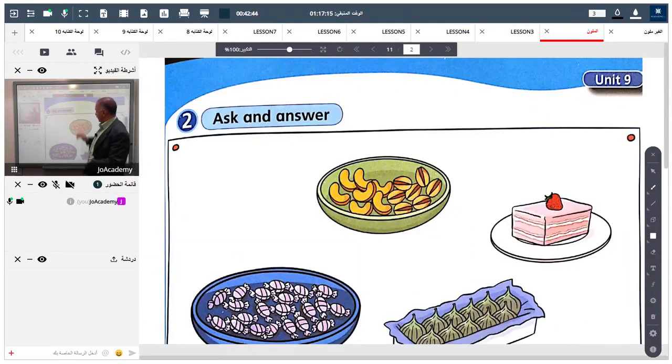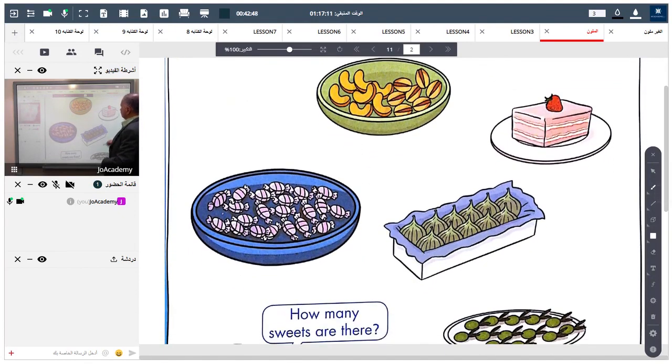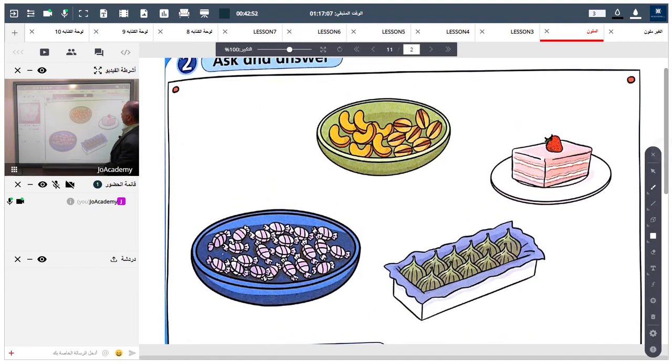Ask and answer. Now, what can you see here in the pictures? What are these? These are nuts.